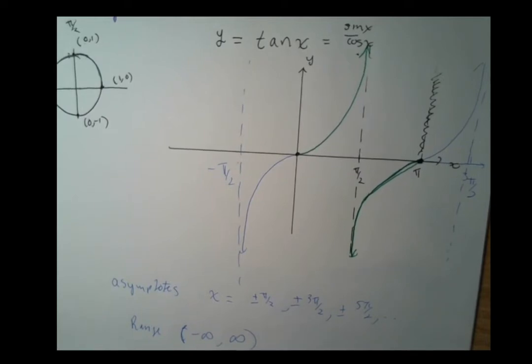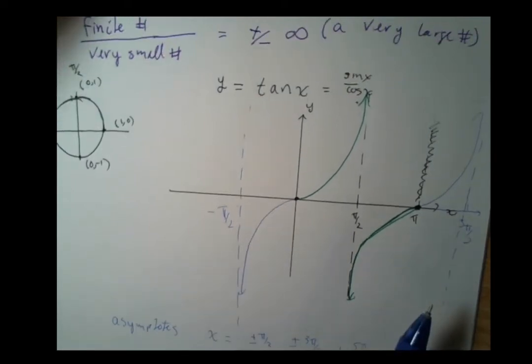And the domain is wherever the function is defined. In other words, whenever the cosine is not these values, pi over 2, 3 pi over 2, 5 pi over 2, etc.